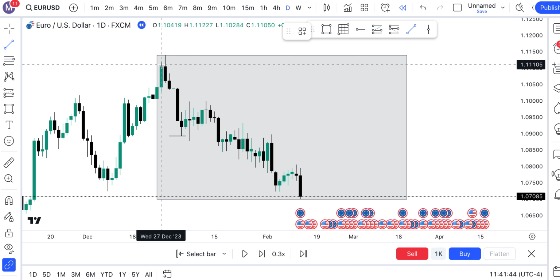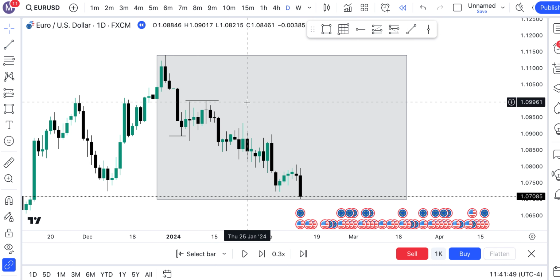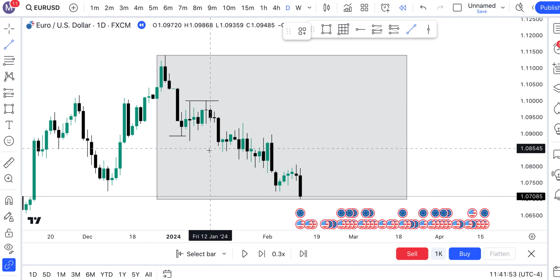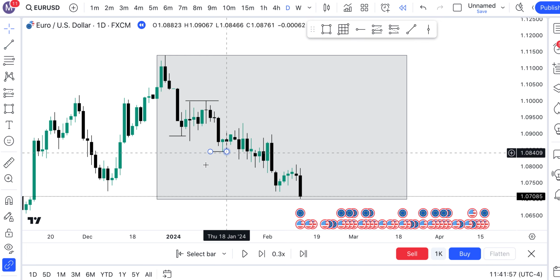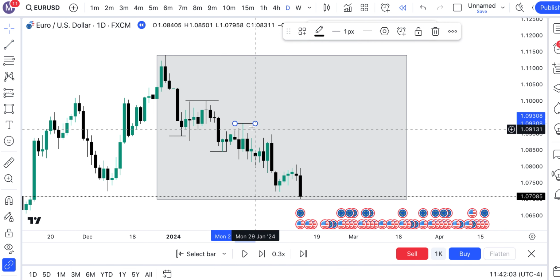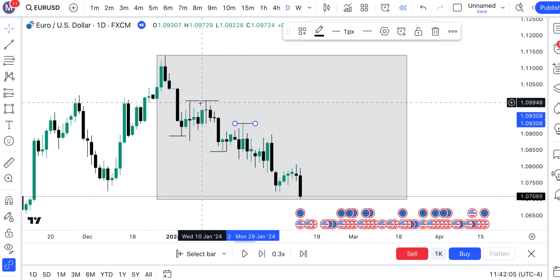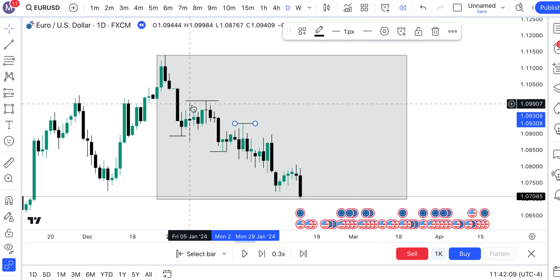And then we come down, we retrace a little bit, print our high. Then come down, print a low. Is this low lower than the previous low? Of course it is. Come up, make our high. Is this high lower than the previous high? Is this high lower than that high? Yep.